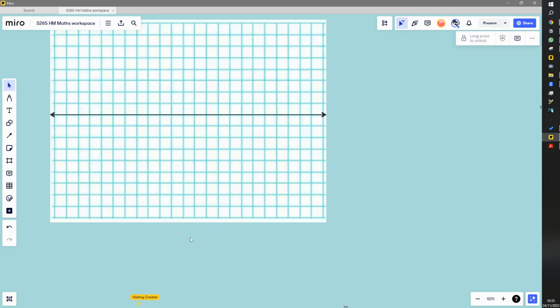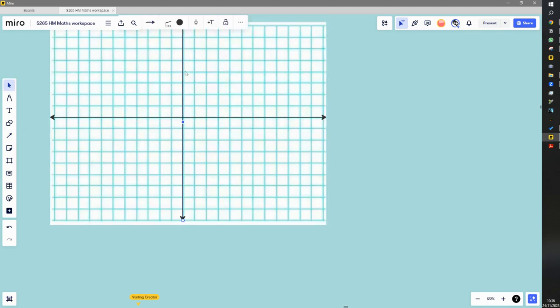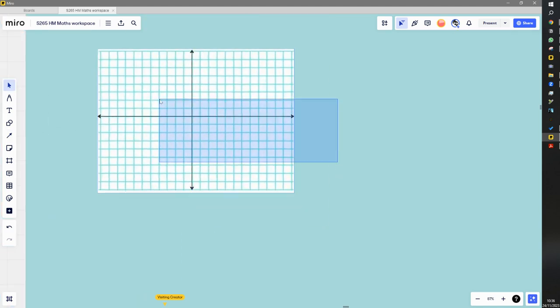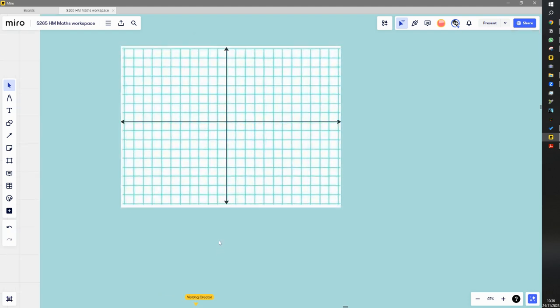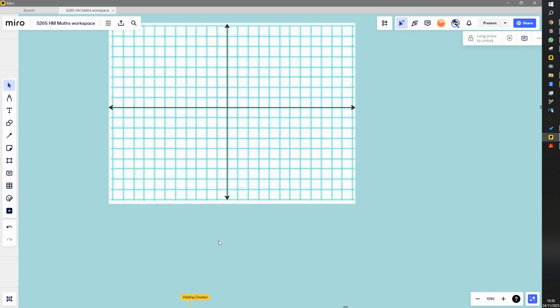So basically, we're introducing the subtopic, the new area of the topic of algebra, which is graphs. So what I'm going to do is provide you with some graph with some axes.